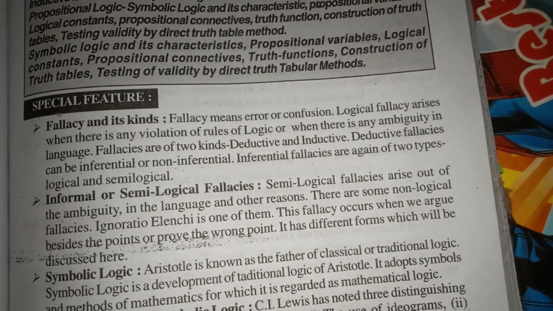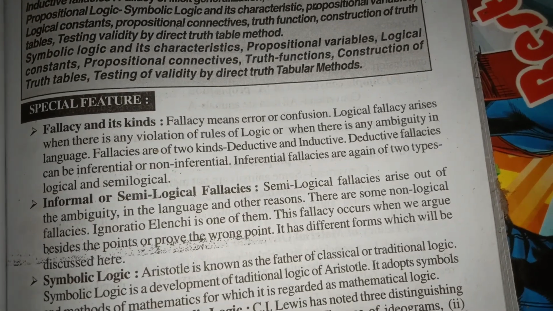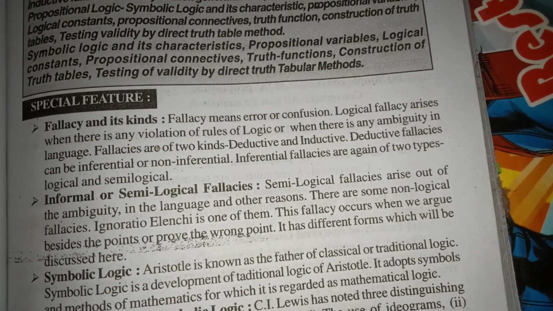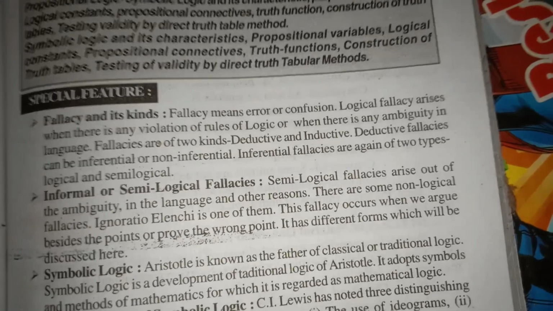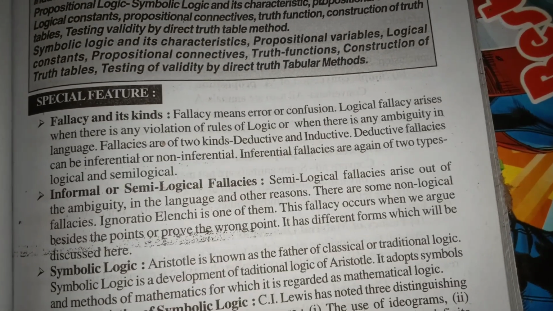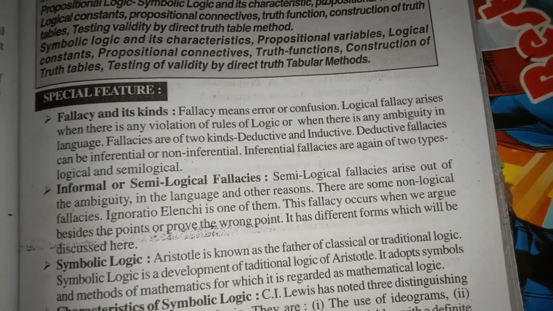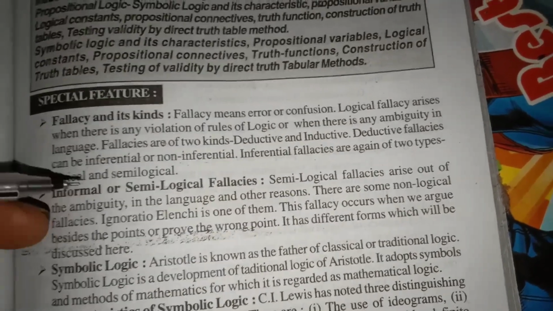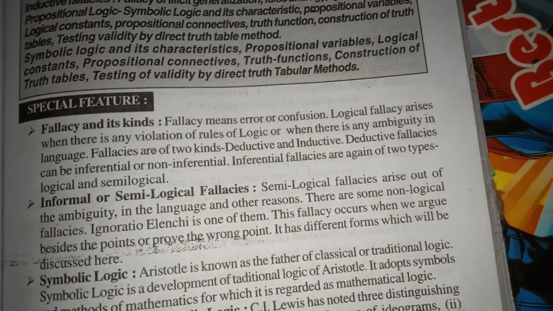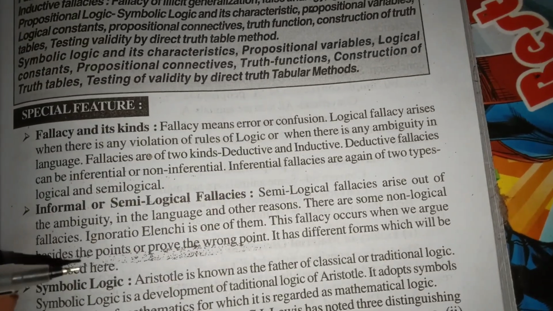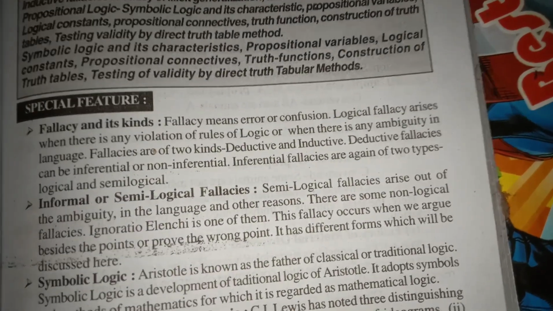The ignoratio elenchi fallacy arises when we argue beside the point or prove the wrong point in our argument. It has different forms which will be discussed here.